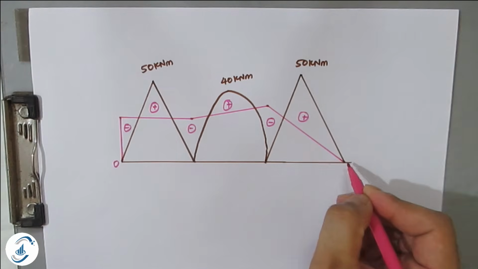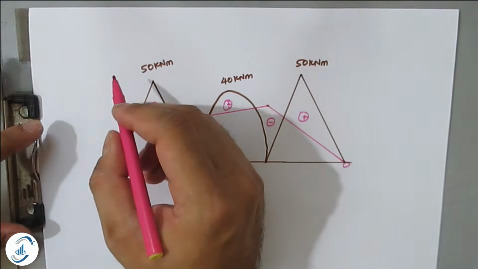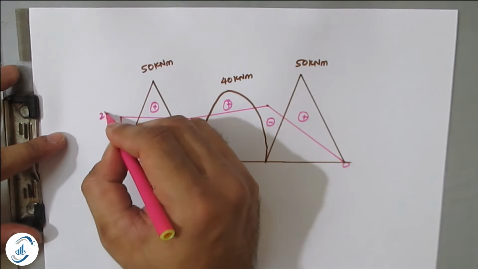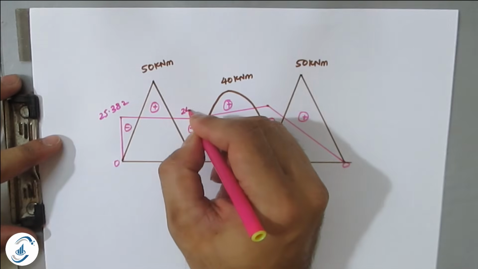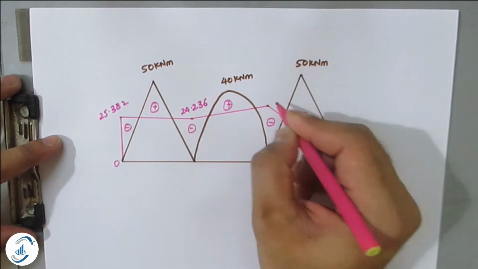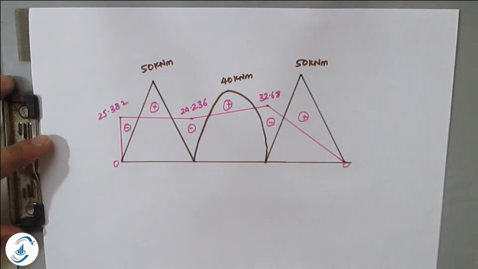So this will be 0 and 0. You can write the values also: 25.382, this will be 24.236, this will be 32.68, and this will be 0.